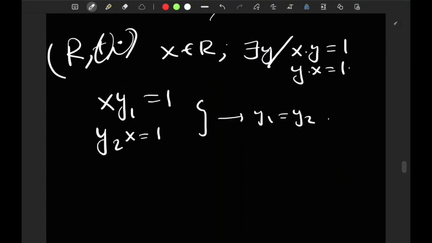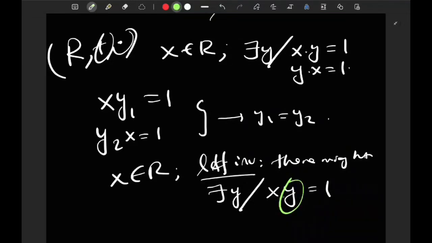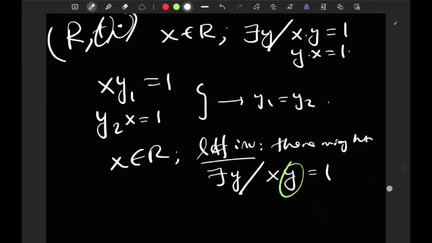But generally speaking, an element x of a ring R might have a left inverse, or a right inverse. There might exist a y such that xy is equal to 1, and we call y a right inverse because it's coming on the right of x.